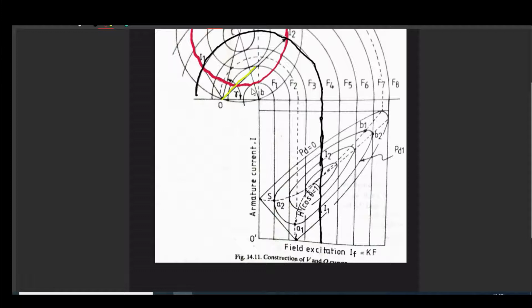This color is not very clearly legible. So we have two different values of current, that is I2 and I1, right?